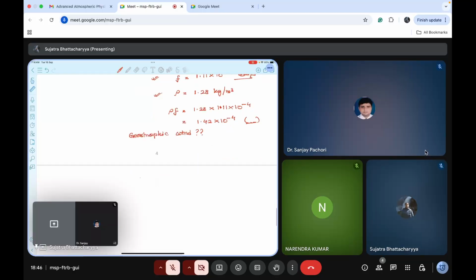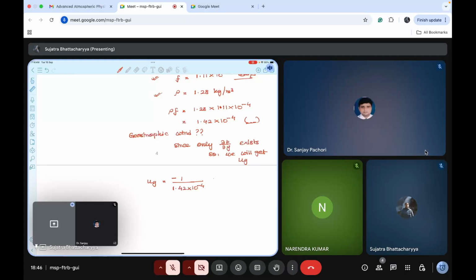Since only ∂P/∂y exists, we will get u_g. So u_g should be 1 upon 1.42 into 10 to the power minus 4, that is 1 by rho f, times ∂P/∂y with a minus sign.